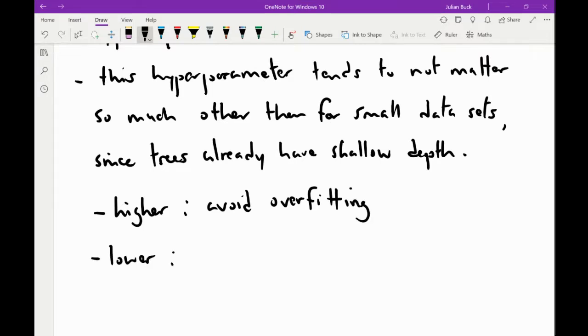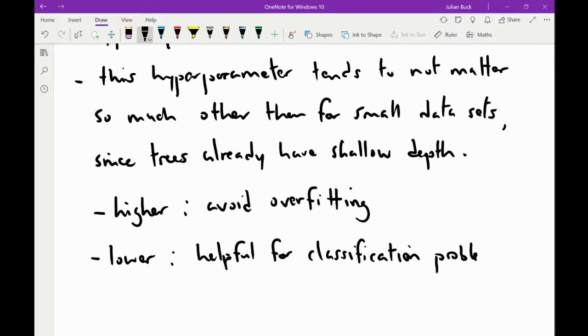A value on the lower end here can be helpful generically for classification problems with unbalanced classes. Remember that unbalanced classes means that you have categorical variables where some of them have lots of values and others don't have very many.